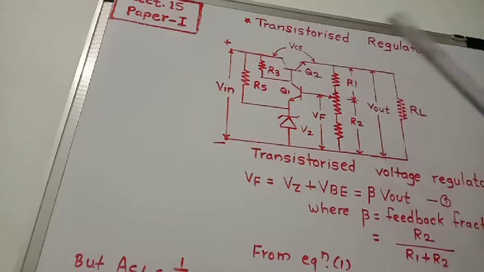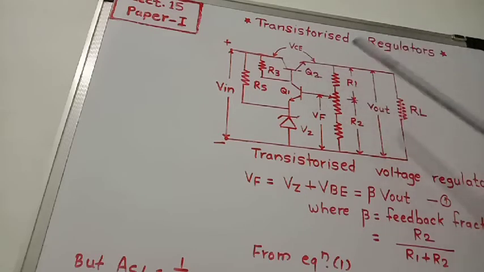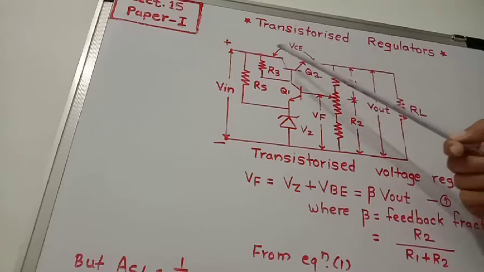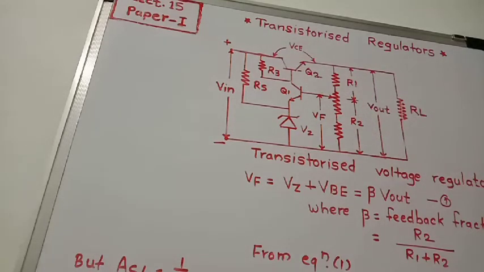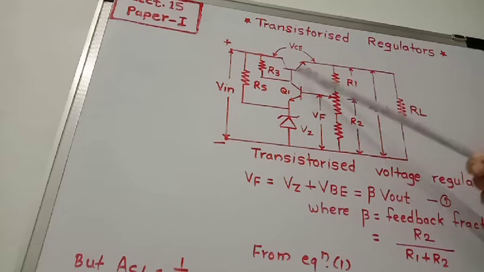PD means the power dissipated in this transistor Q2. This transistor Q2 is also called an emitter follower.